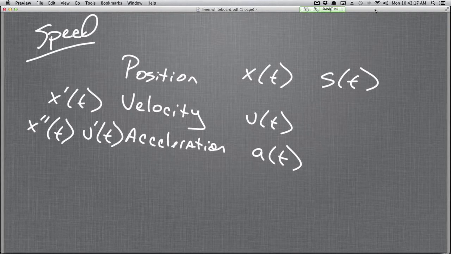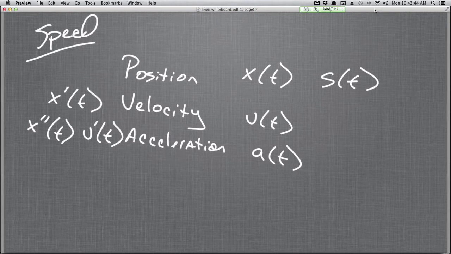If velocity is positive, that means I'm moving forward. I could be moving to the right or moving up. When velocity is positive, it usually means one of those three things, depending on the context of your problem. If velocity is negative, what three ways am I going to move?